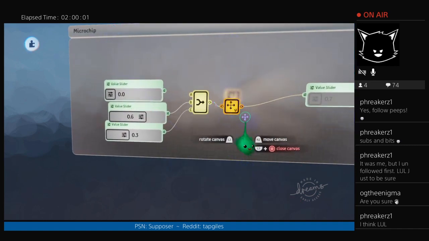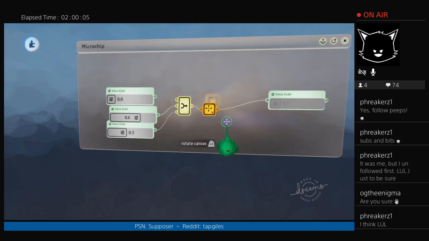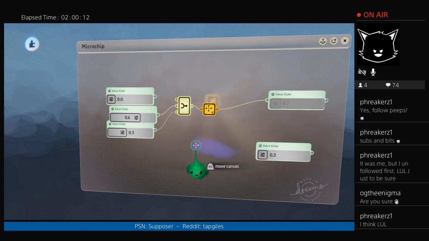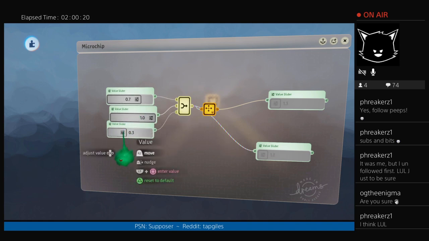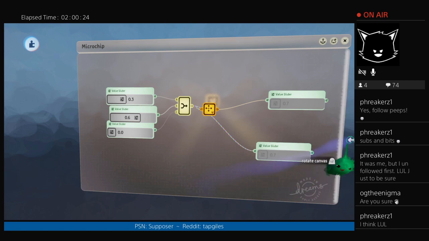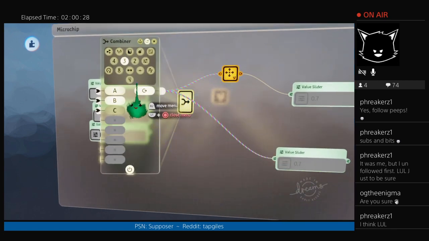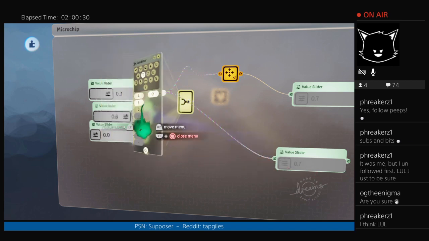However, this is saying 0.7, but there's another way of getting the magnitude of a vector by doing that. And it's exactly the same values, because fat wires have a default value coming out of it.